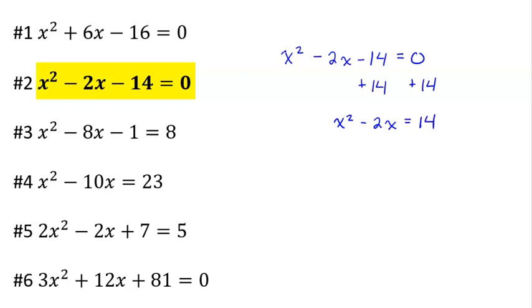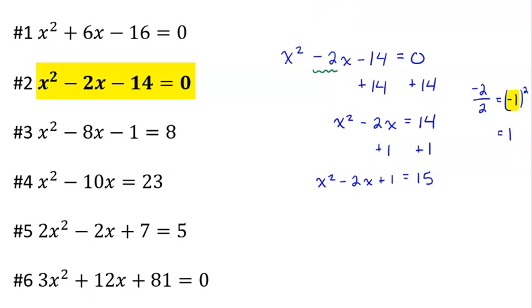From here, I'm going to take my b value, which is negative 2. Divide that by 2, I get negative 1. I'm going to square that. That gives me positive 1. And I'm going to add that to both sides. X squared minus 2x plus 1 equals 15.